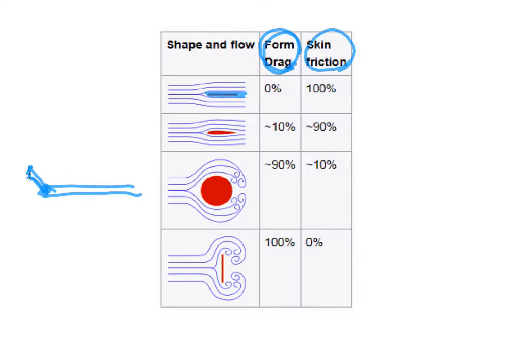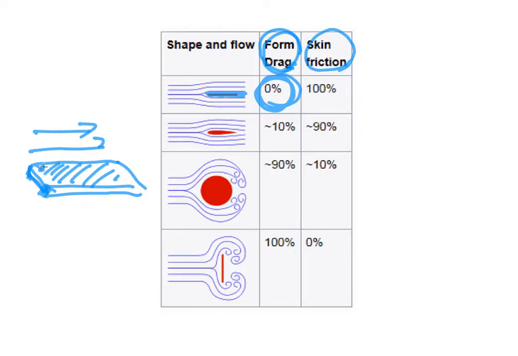So we could assume that the form drag is almost 0%, but the area parallel with the airflow will give a lot of resistance, because the shear stress occurs on this surface and then creates force. So we could assume that the skin friction contributes 100% of the resistance.